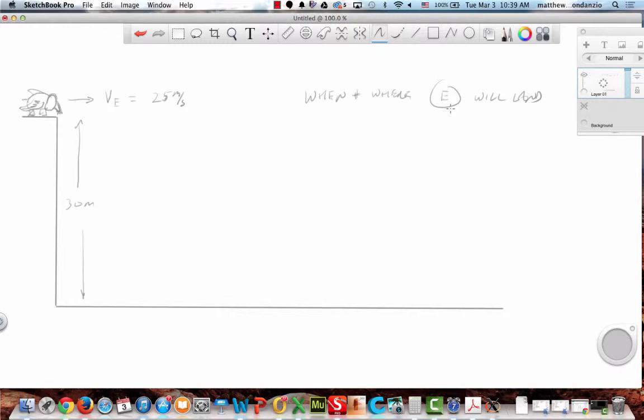Just to the side. I want you to know when and where it's going to land. I want you guys to think about this. How high is it? 30 meters up.